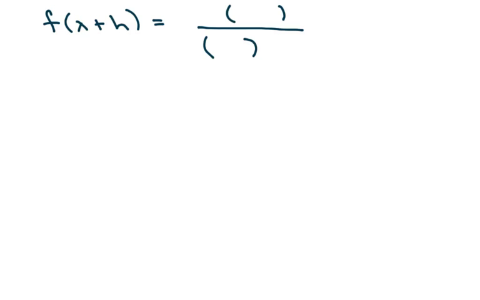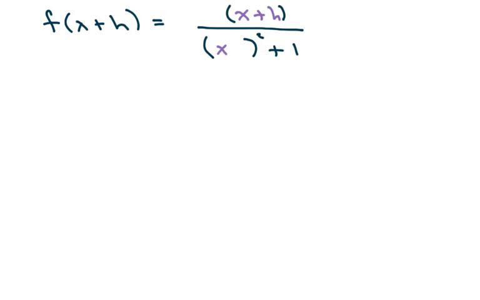Next, we're going to do f of x plus h. I'm going to write the function again. Everywhere there's an x, I'm just going to write parentheses, and I'm going to evaluate x plus h. Oh, this was a square.